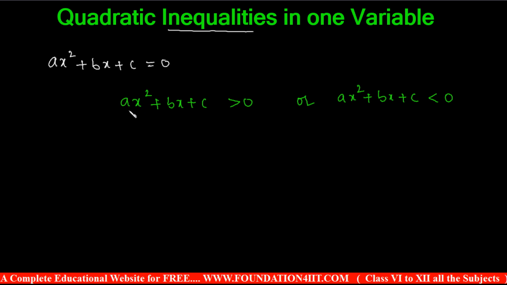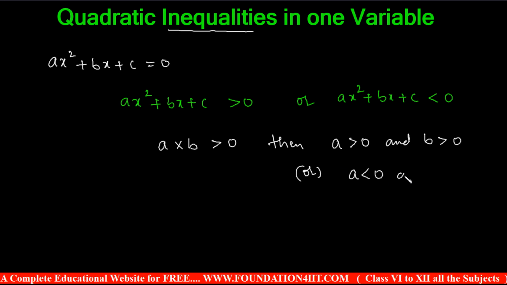And here is an important property you must know. For example, if a into b is greater than 0, if the product of two numbers is greater than 0, then a is greater than 0 and b is greater than 0. If a and b both are greater than 0, then only a into b is greater than 0. Or a is less than 0 and b must also be less than 0. Then also a into b is greater than 0.